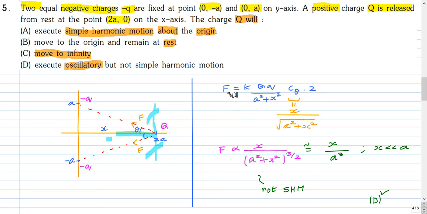And this force is the net force acting on the charge capital Q. And cos theta is adjacent side by hypotenuse, that is x divided by square root of a square plus x square.